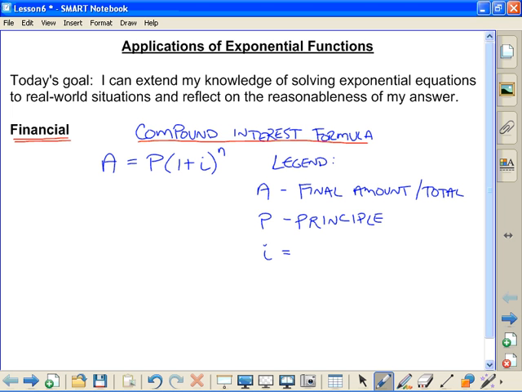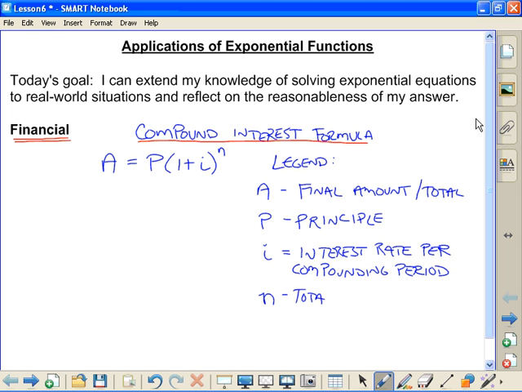I is your interest rate per compounding period. And I'm going to extend on that a little bit here in a second. N is your total number of compounding periods.